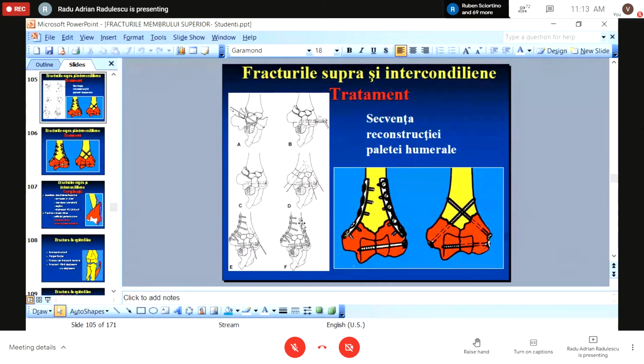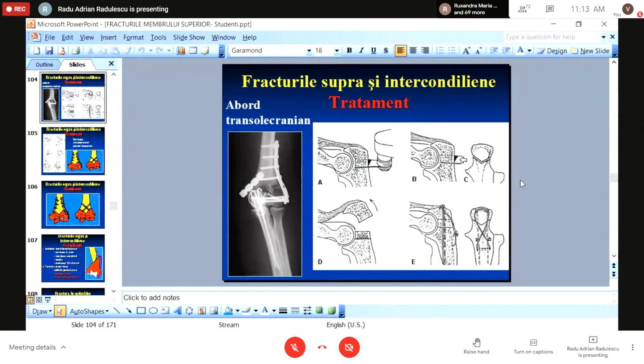After we fix the fracture, we go back and reattach the olecranon by using two K-wires and a wire loop in figure 8. So we'll see this type of osteosynthesis also in olecranon fractures. So this is the way of fixation.